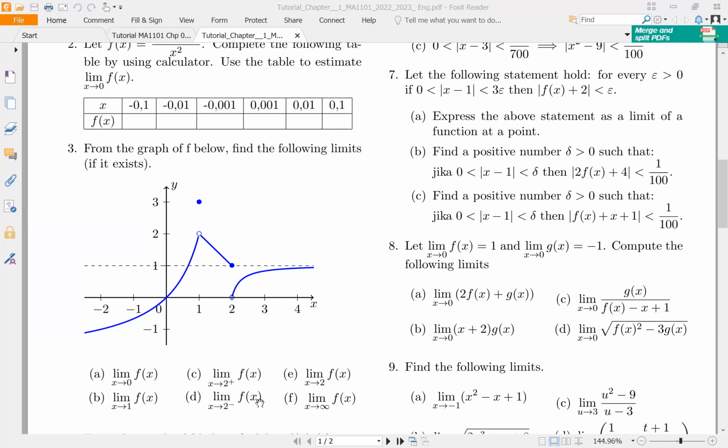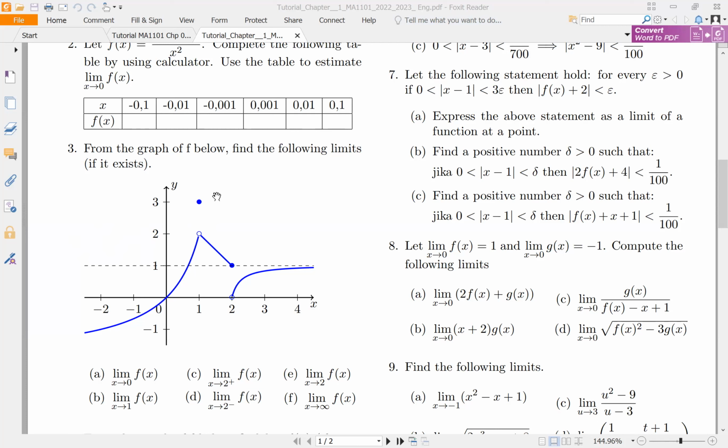I will give you, let's say, 3 to 5 minutes to work on the following question. I think that we have discussed it in a tutorial problem, but as practice, let us work on this problem. I will give you time to answer it first, and then I will discuss it.